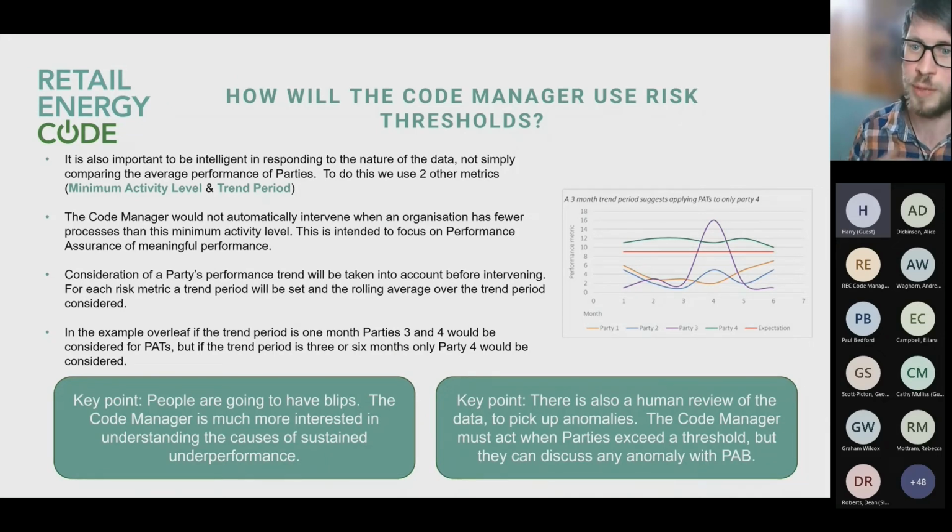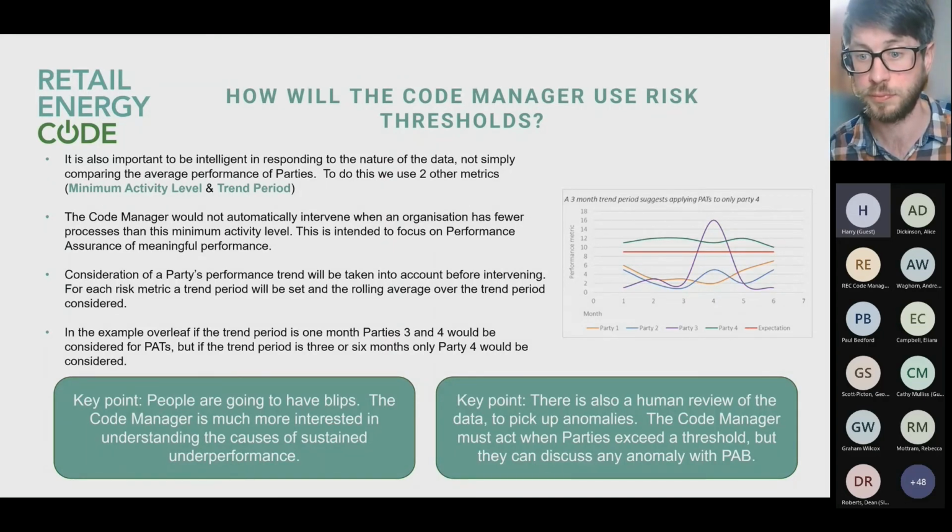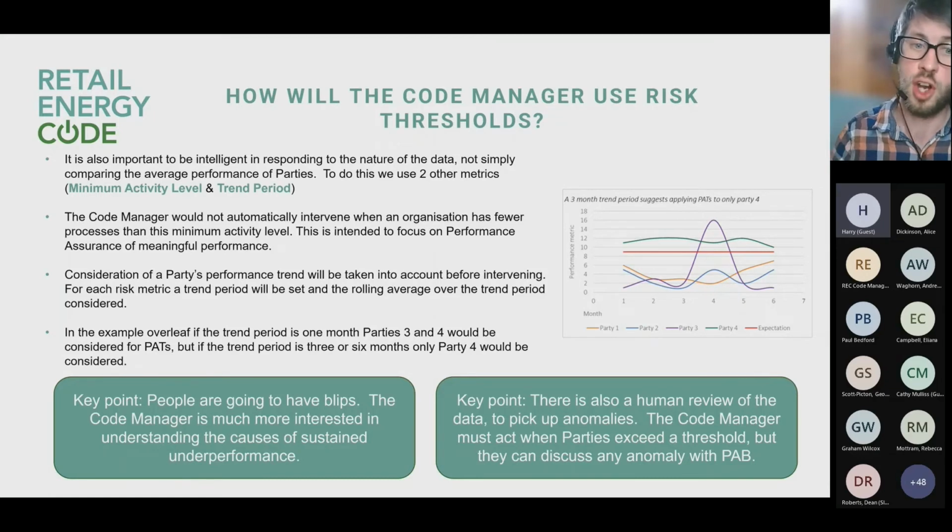We need to be, as a code manager, able to differentiate between things like that the party is empowered and expected to address, and things that are a bit more complicated and might need the code manager involved. Our timeline trend period idea is fundamentally for this.